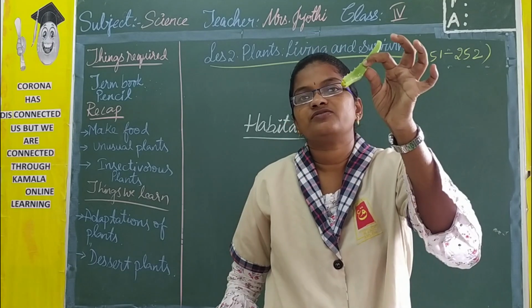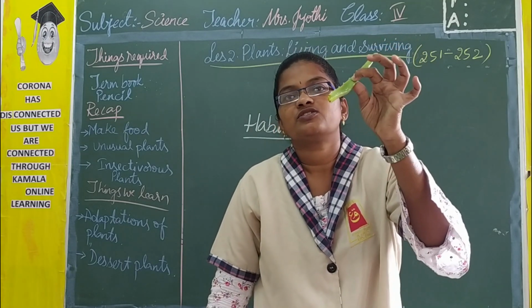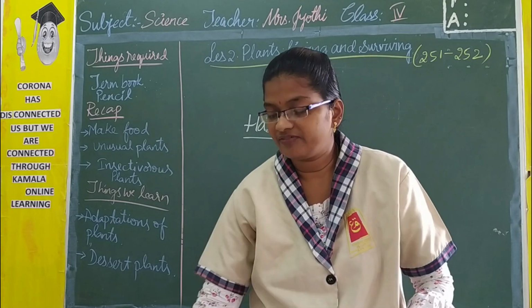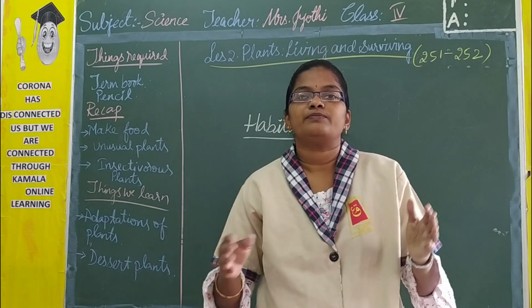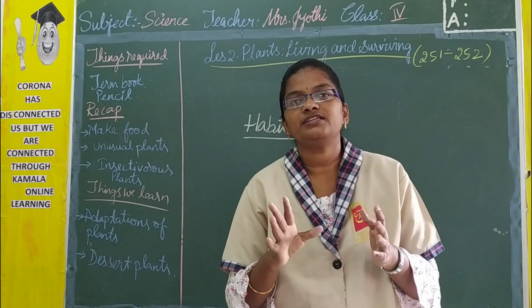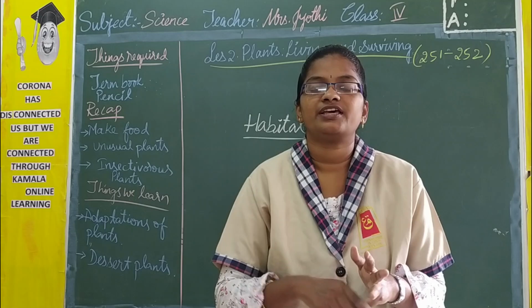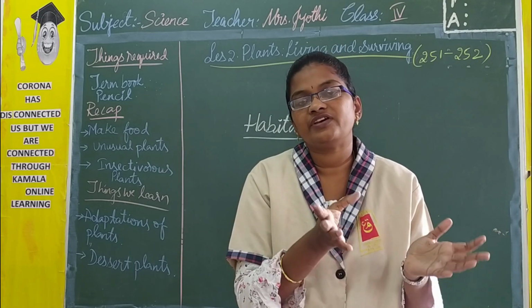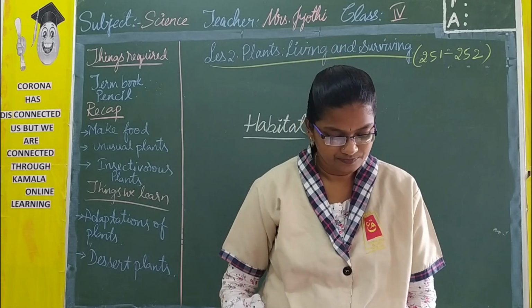Why is it bearing the thorns? So people or animals may not destroy this plant, and even the rose also. So protecting itself from being destroyed by other things is nothing but adaptation. They change themselves to survive in a particular place.